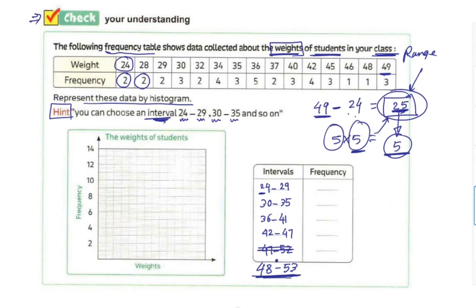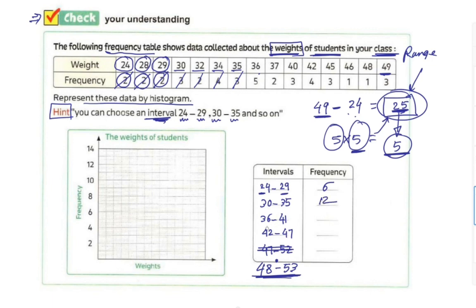Now, what's the frequency? How many for 24 to 29? 2 plus 2 plus 2 equals 6. From 30 to 35: 3 plus 2 is 5, plus 4 is 9, plus 3 is 12, just 12.